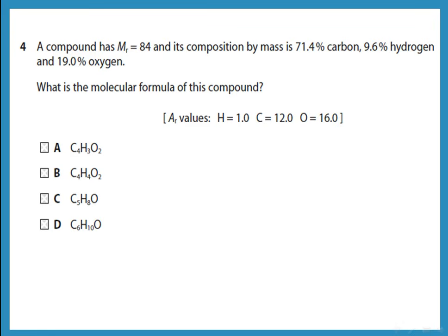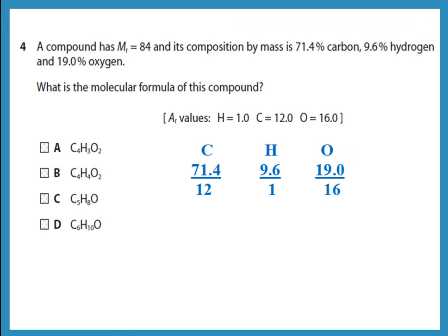The next question says a compound has a molecular mass of 84 and this is its composition. What is the molecular formula? We said if he gives me the percentages of each one, I write it in this way. And then I go through 2 main steps. The first one is to divide by the atomic mass of each one.